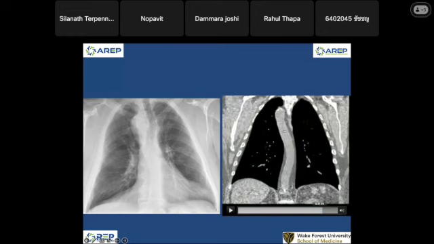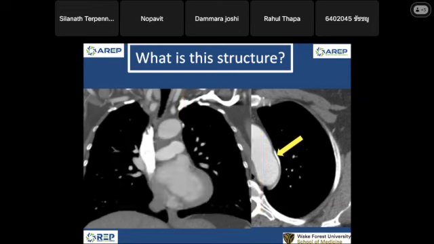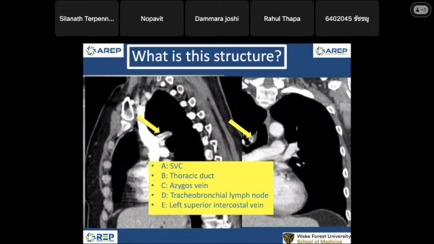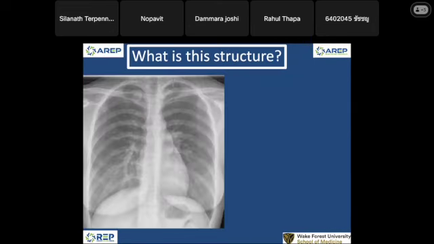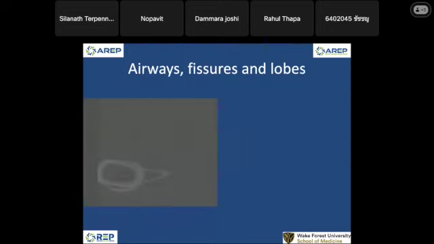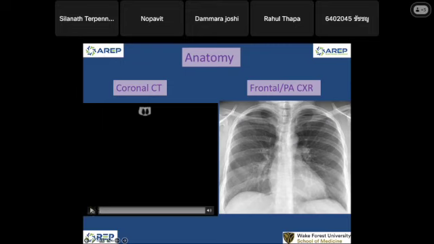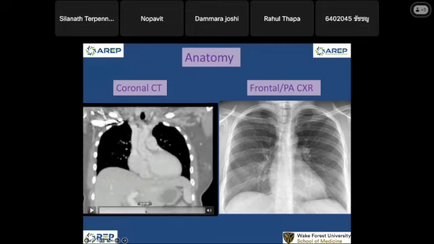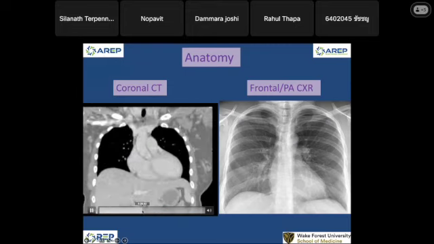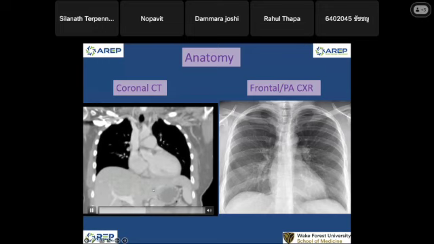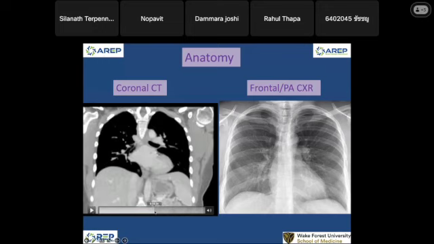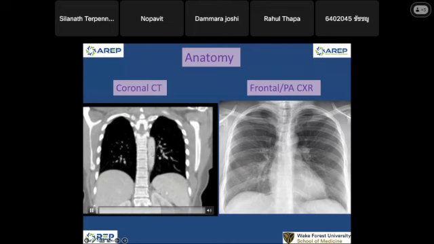Let me go back to the normal case. I'm sorry that I did not put them all on the same image. Okay, look at my aorta here. This is my aorta, and then the aorta is coming down here, nice looking.